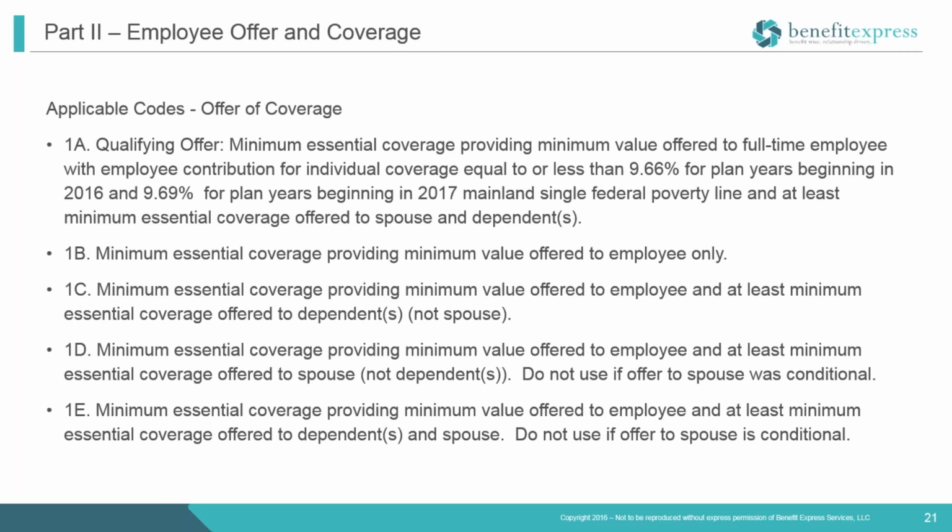And then code 1B, minimum essential coverage providing minimum value offered to the employee only. So you don't offer coverage to the rest of the family. If you put 1B in there, remember you're going to be penalized.